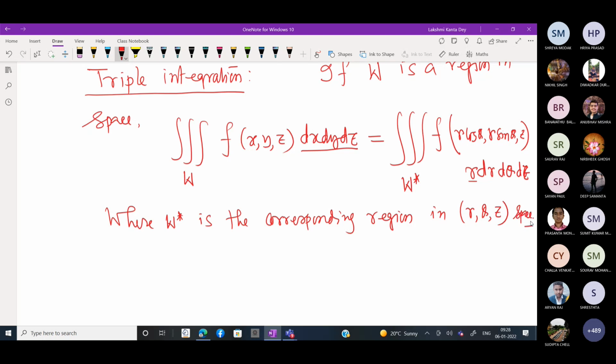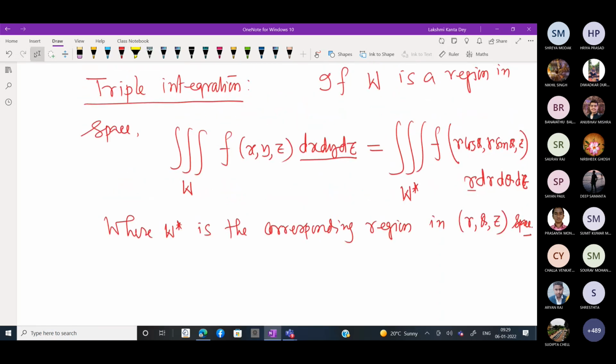Okay, so let us do some exercise so that we can have the feeling. But here I like to tell something, in which type of situation we like to use the cylindrical coordinate transformation, that we have to know. Where the integrand function is having x square plus y square as common. That is one part.